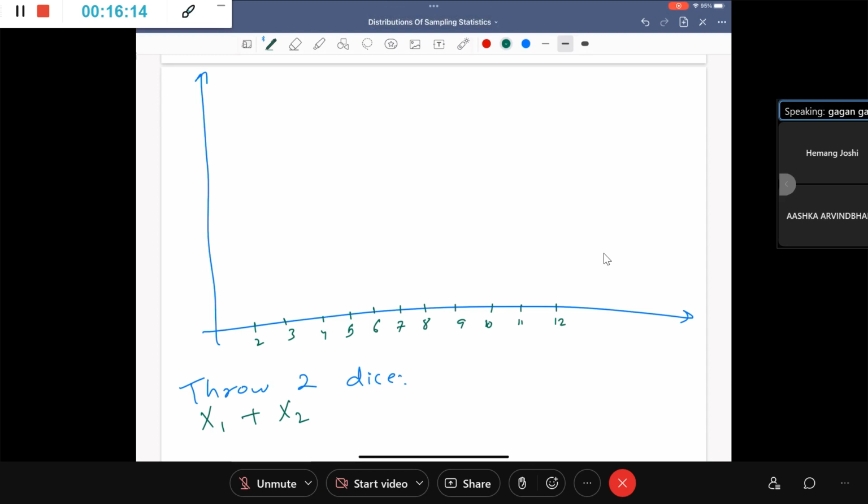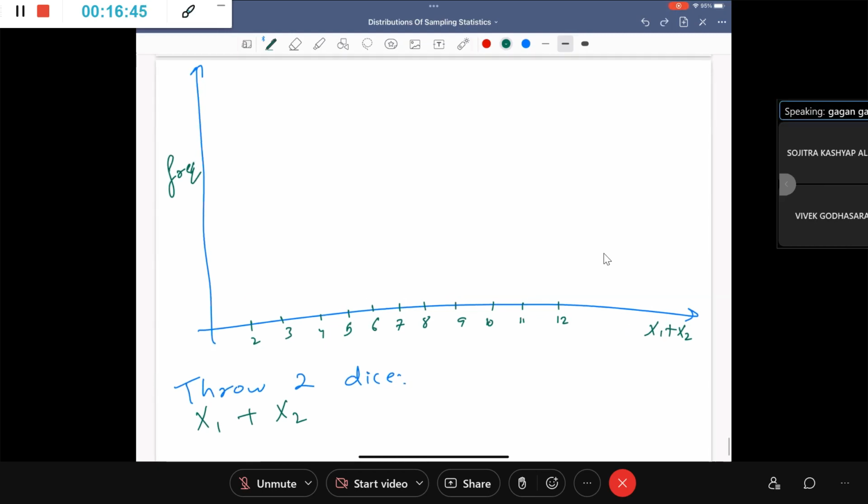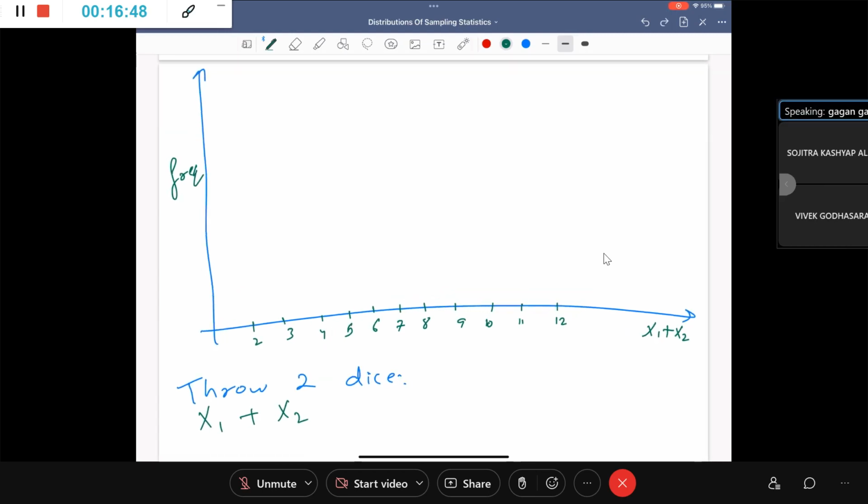How often will you get 2? In terms of probability, what is the probability of getting a 2 when you throw 2 dice? 1/36, yeah, because you need to get 1 on both the throws. So let's say it is somewhere over here.